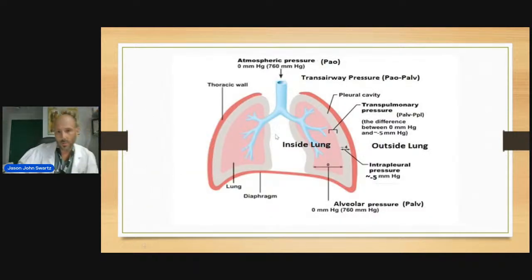So this is what we're focusing at for now: the intra-alveolar pressure, P-alveolar, and the pleural pressure. So the transpulmonary pressure is the alveolar pressure minus the pleural pressure, which is usually, let's say here it says 5, but let's say 4. So 0 minus -4, 2 negatives make a positive.